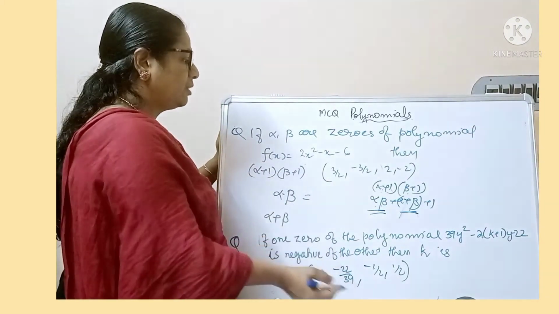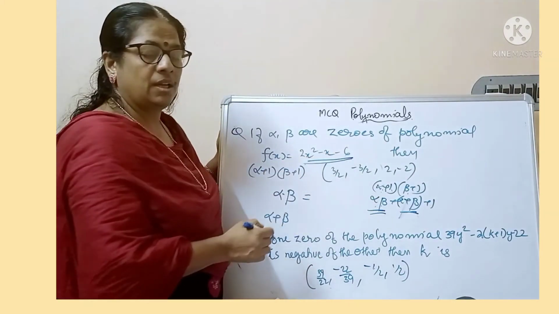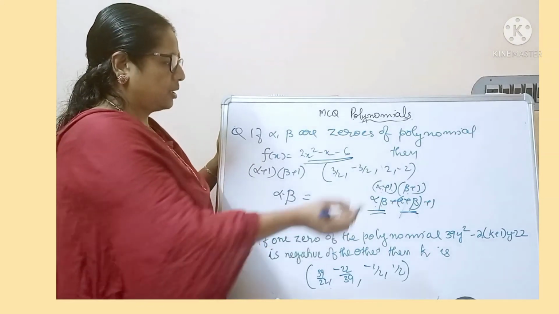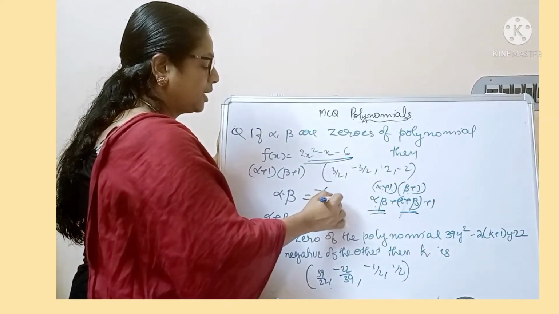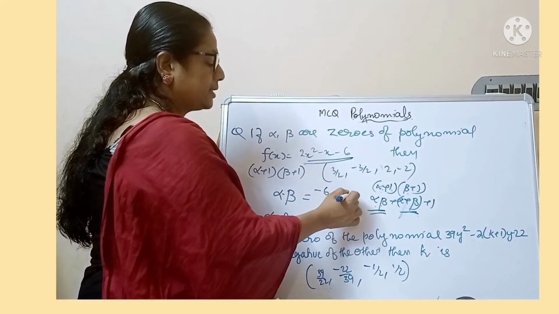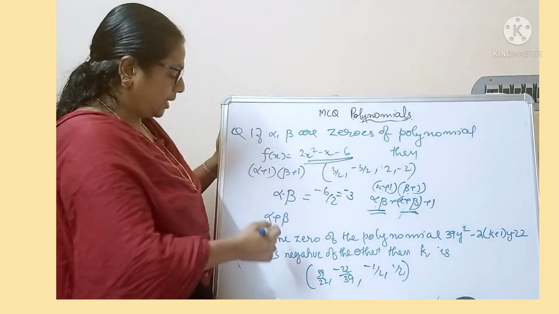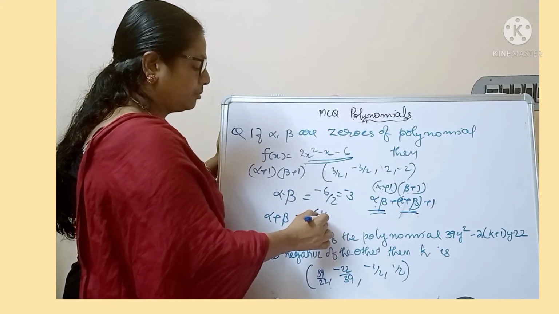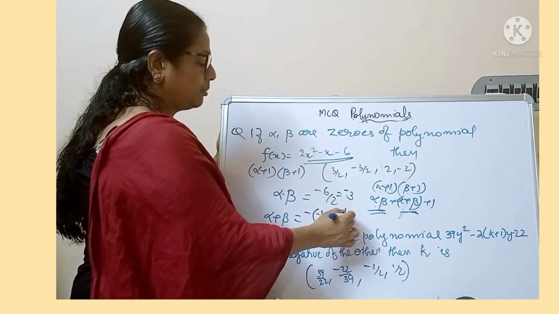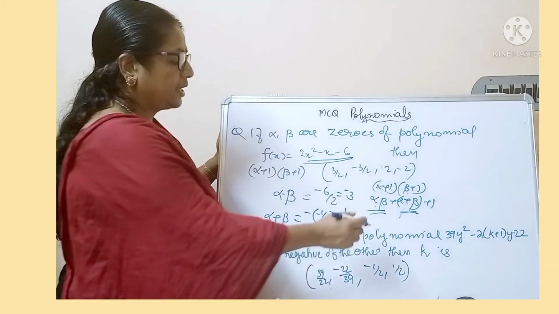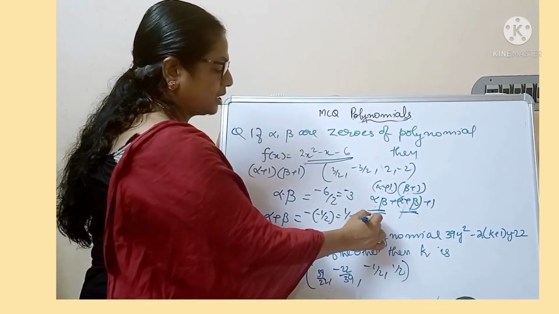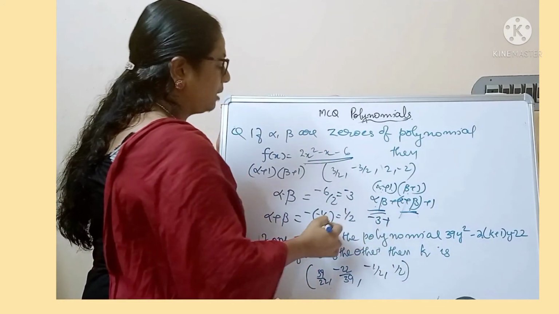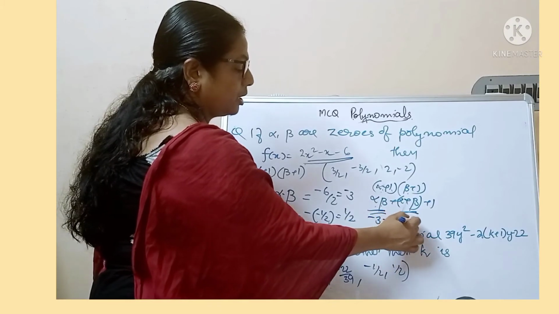What is alpha beta from this? Alpha beta is the product of roots, so it is minus 6 by 2 equal to minus 3. Then alpha plus beta is minus of minus 1 by 2, that is 1 by 2 itself. Then we can substitute: alpha beta is negative 3, plus alpha plus beta is 1 by 2, plus 1.